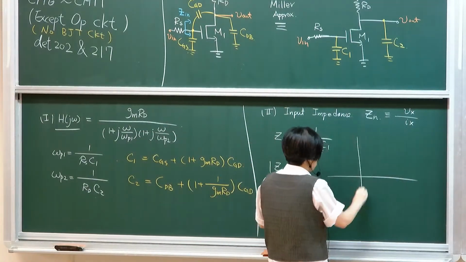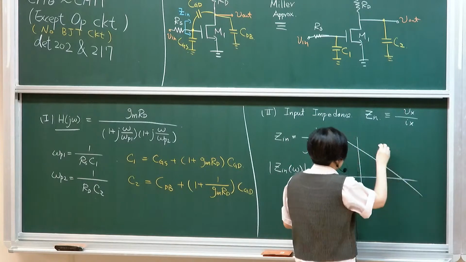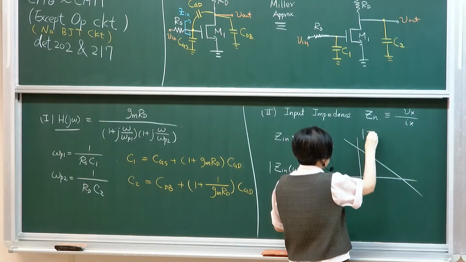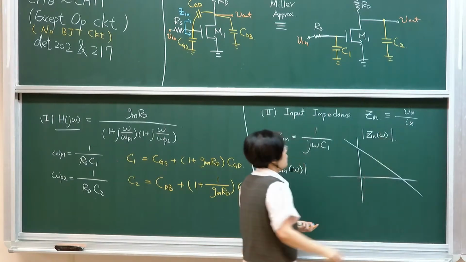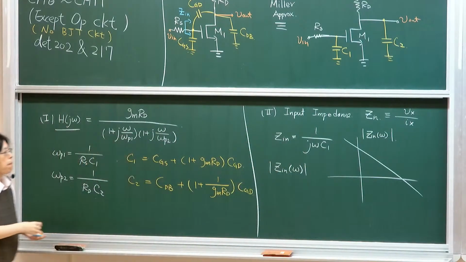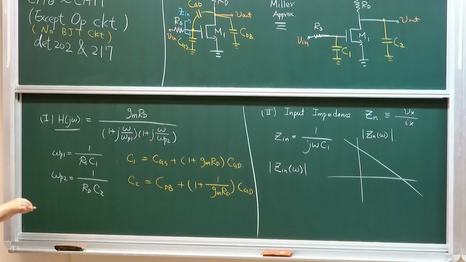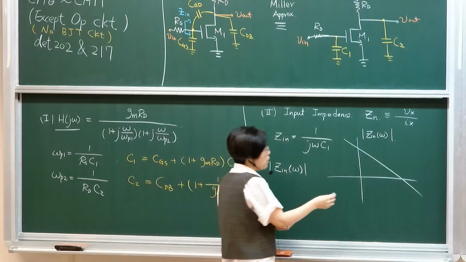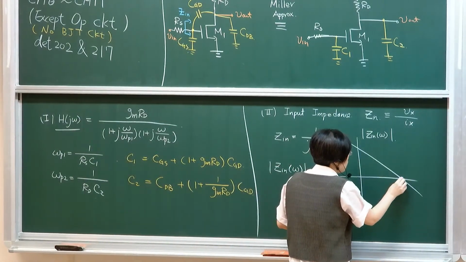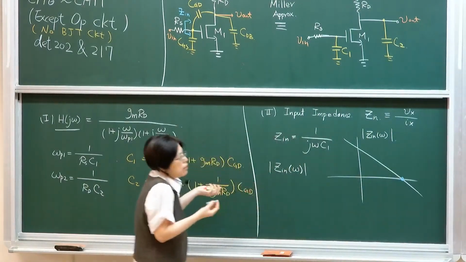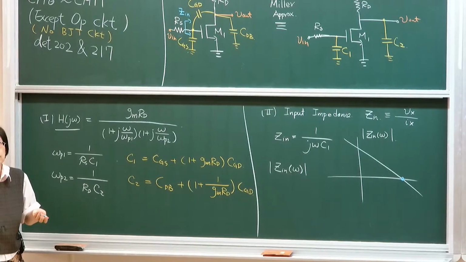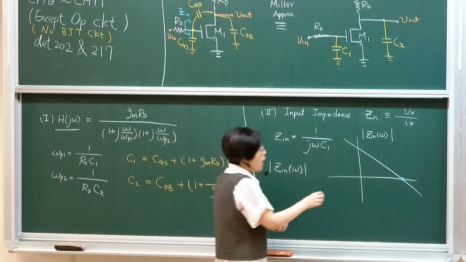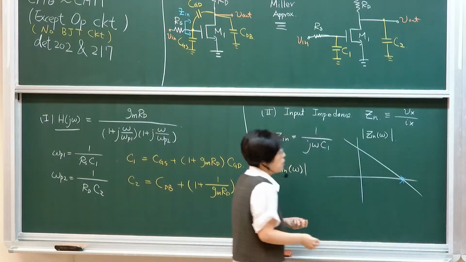It will have a 0. This will be my impedance as a function of frequency. One of the important things is that you want to highlight a particular level.